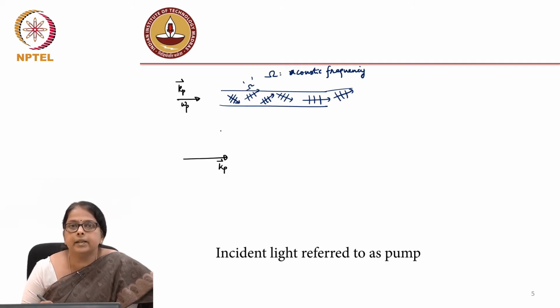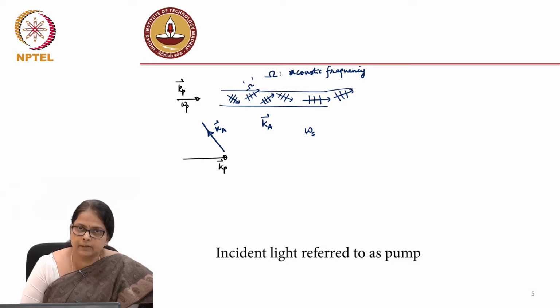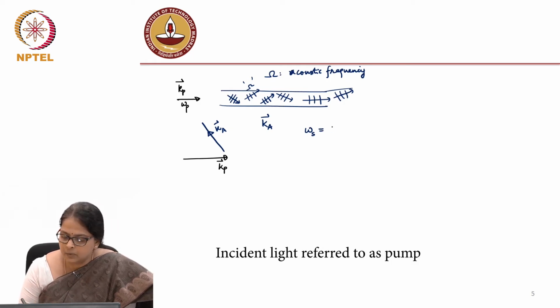This interacts with the acoustic wave, resulting in, let's say, a scattered wave. Ka represents the wave vector corresponding to the acoustic wave, resulting in a scattered wave with a frequency omega s, which is the Stokes frequency, equal to omega p minus omega.